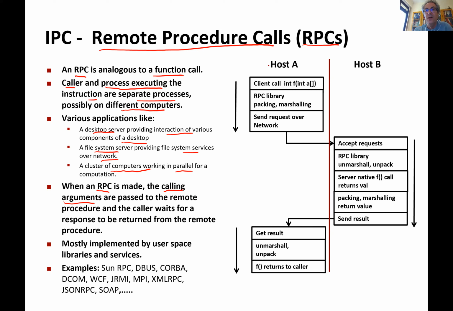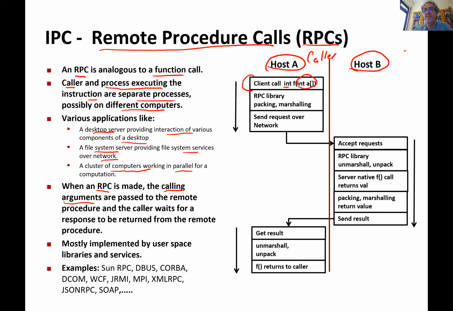Here we have host A and host B. Host A is the caller, and the other one is, if you wish, the client. Or, well, client is not the proper term, but whatever this function is doing. So you want to, for example, make a call, say here's int, and here's the argument that I want to pass.